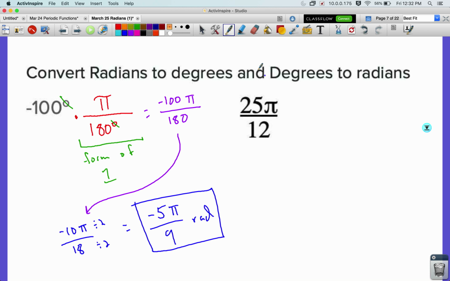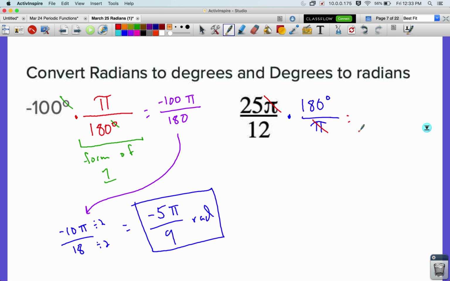We know that, so let's convert back. We know this is in radians because we see that pi there and we don't see the little degree symbol. This has to be in radians. So I'm going to again multiply by a form of 1. This time let's flip it upside down. Let's put the 180 degrees on top so we end up with degrees as our unit, and we'll put pi on the bottom. All right, at this point the pi's can cancel out. We've got a pi on top, a pi on the bottom.